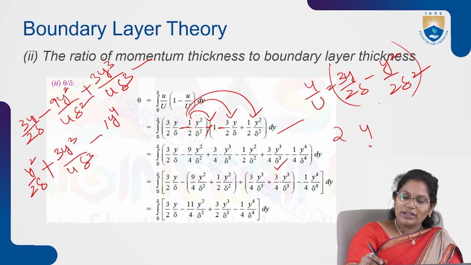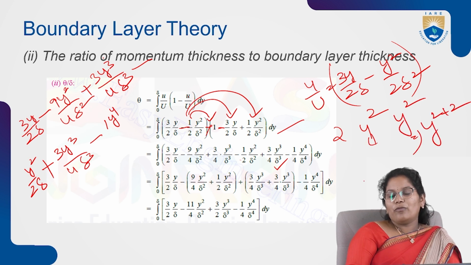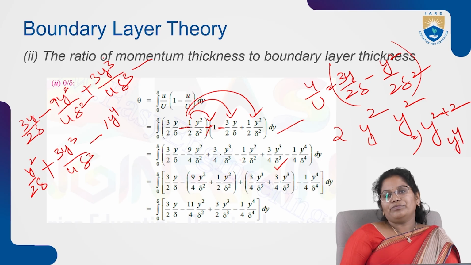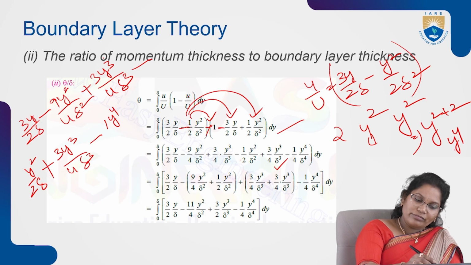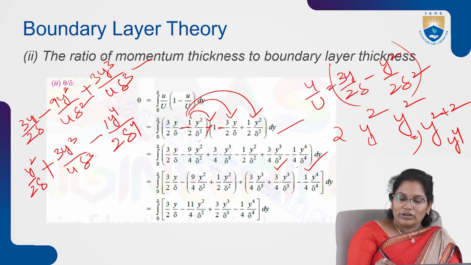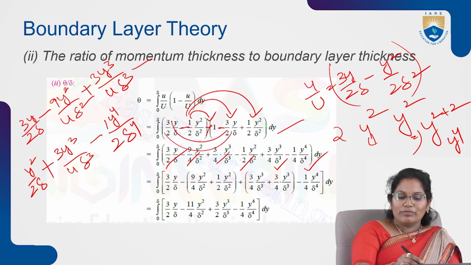So y square into y square: y to the power of 2 plus 2 equals y to the power of 4. So here also we write the same, 2 delta to the power of 4. And these are all the values we got by multiplying this single term with all.